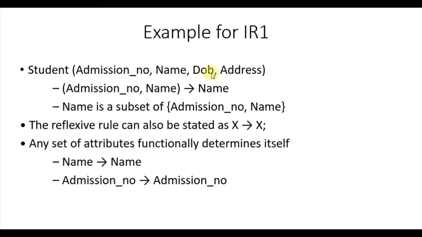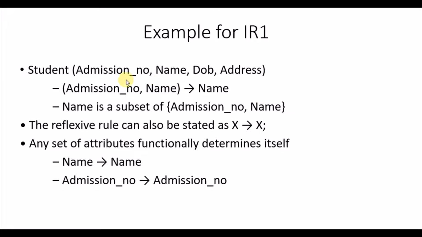Here X is a superset of Y. What is X and what is Y? X is admission number comma name and Y is name. So name is a subset of admission number comma name, so this functional dependency always holds.